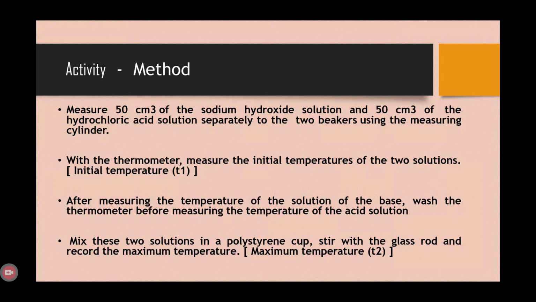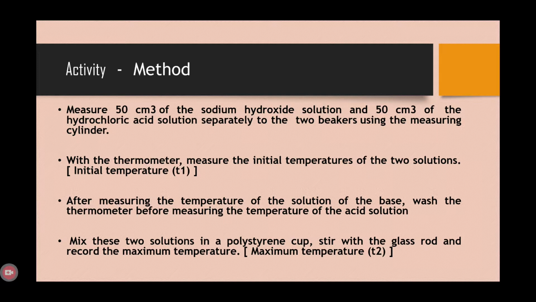Let's assume that the temperature of the sodium hydroxide solution is 30 Celsius and the temperature of hydrochloric acid is 31 Celsius. So we have to calculate the initial temperature by using the mean value. 30 plus 31, then divided by 2.